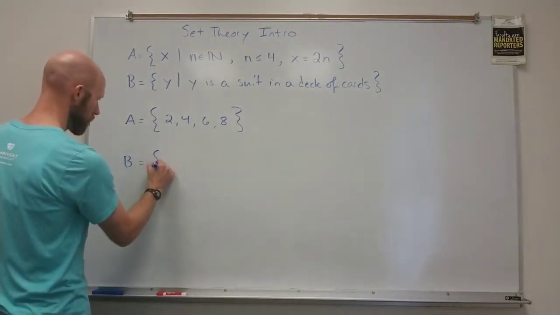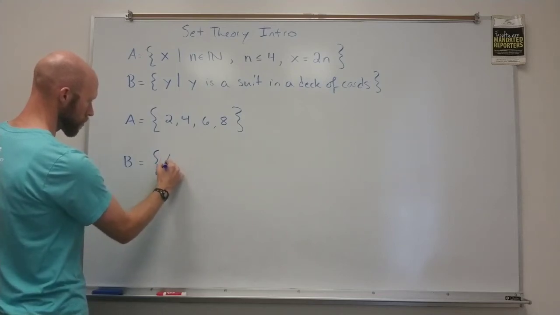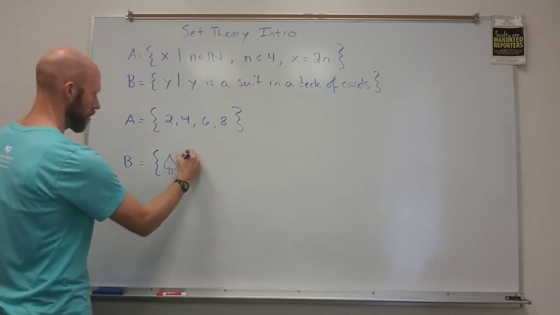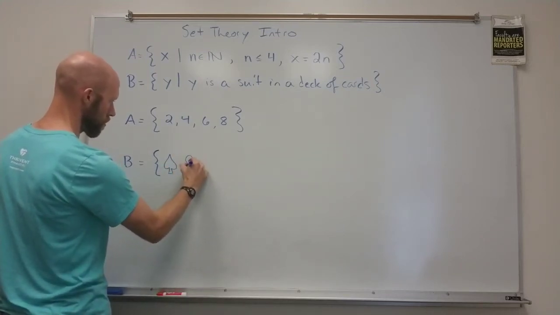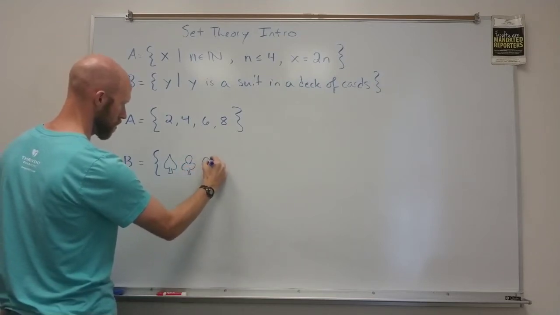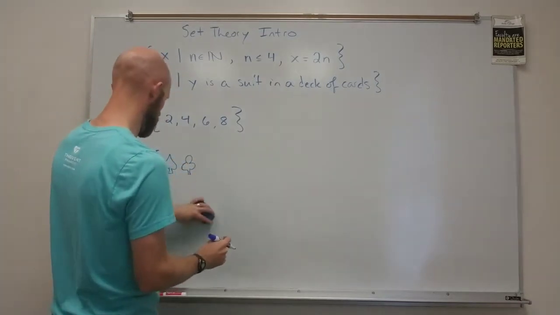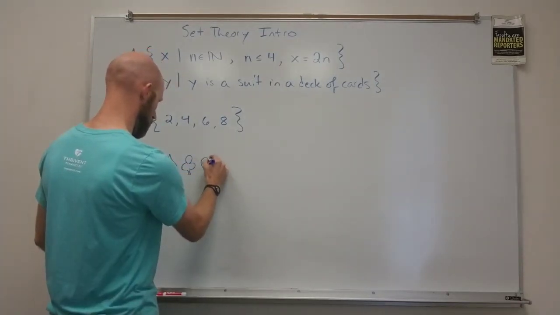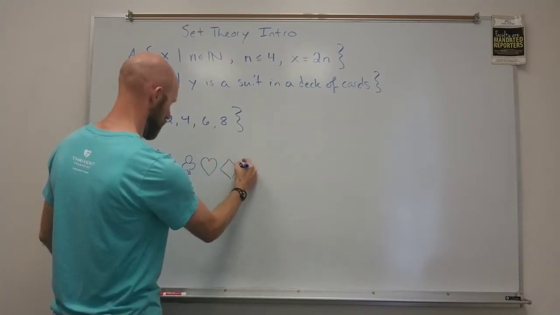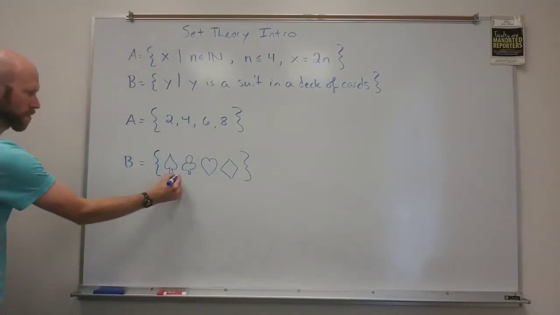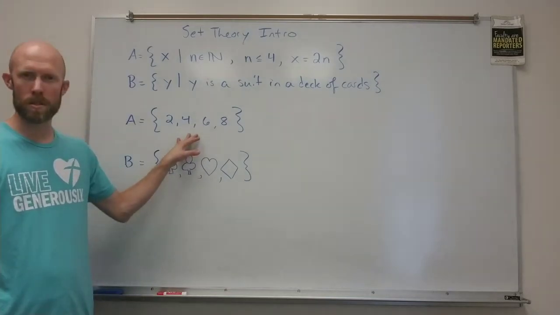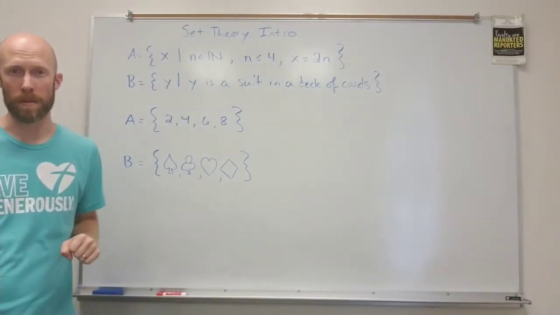And so the set B contains spade, club, doesn't matter the order really, heart, and diamond. Put a comma in between each of those. And so these are the 4 numbers in set A, the 4 suits in set B.